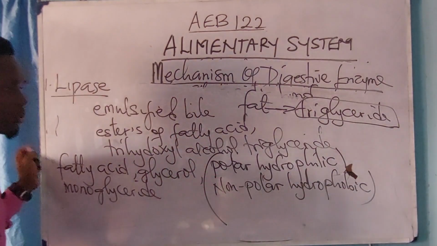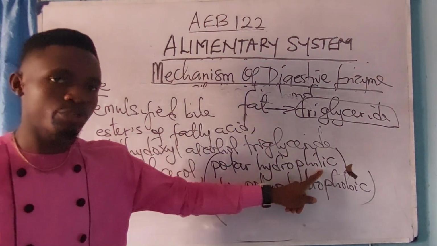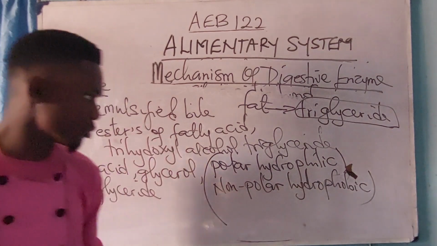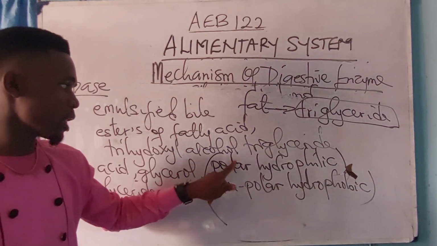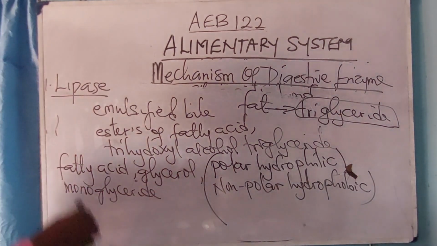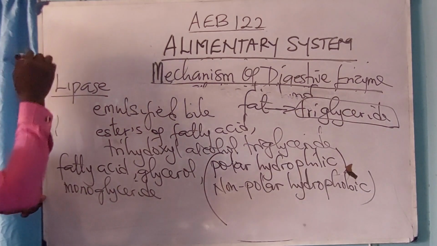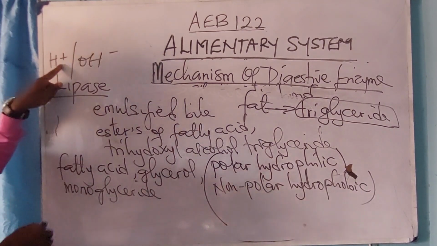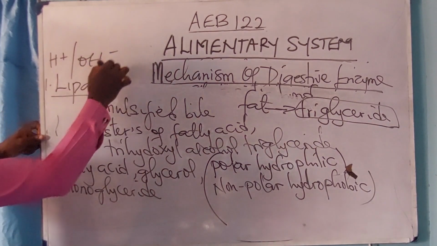A polar solvent is a solvent possessing two poles, a negative pole and a positive pole. A good example of that is water.